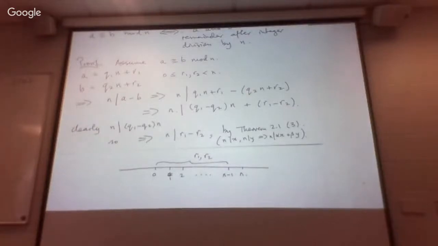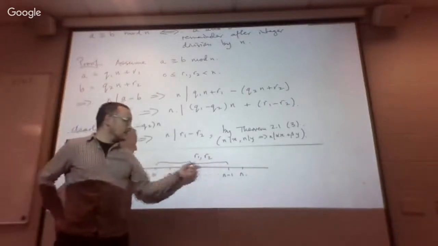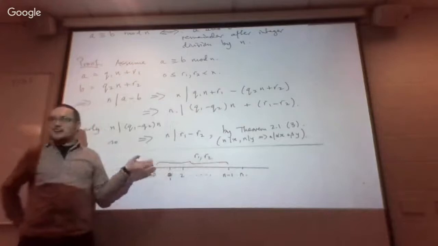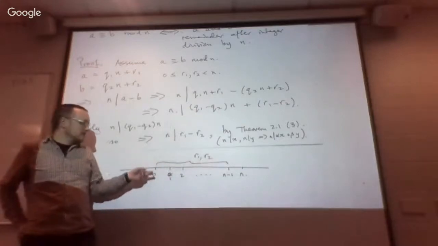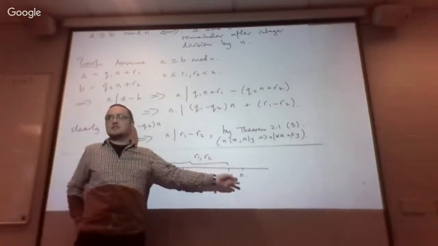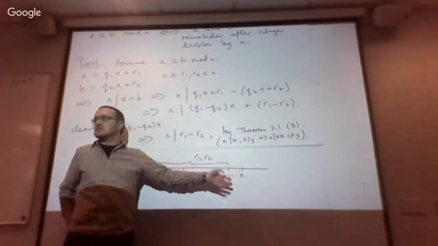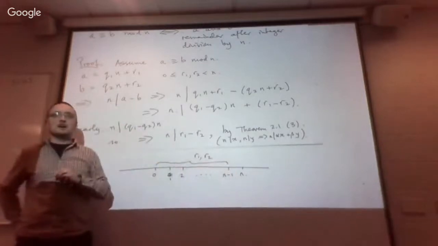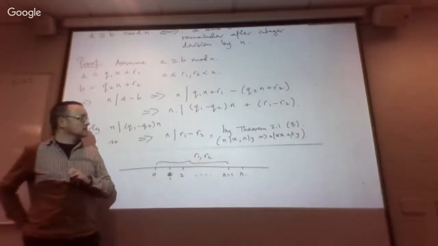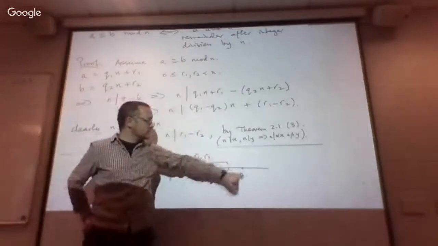So the furthest they can be apart from each other, if R1 and R2 are just living in this range, the furthest they can be apart from one another is really n minus 1. That's the maximum possible integer distance you can put between R1 and R2. So they're both strictly less than n, so they can't be up here.